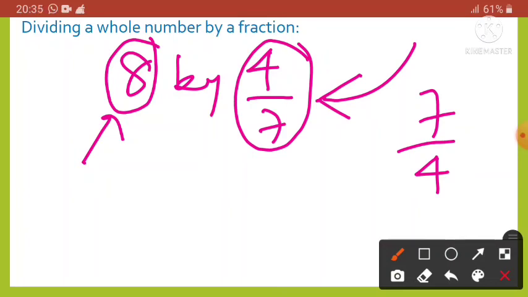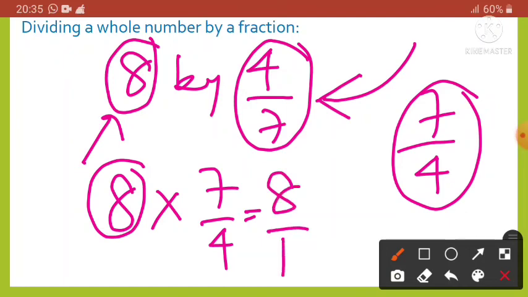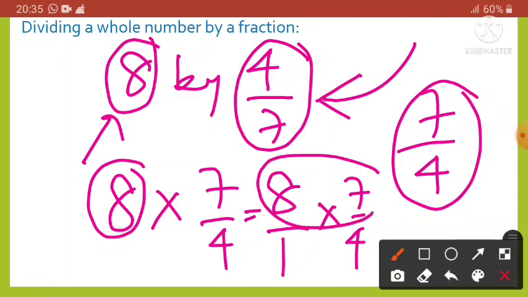Now we have to simply multiply the whole number, here it is 8, with this reciprocal 7 by 4. We know 8 means 8 by 1, we have to convert it into a fraction. Then we multiply 8 by 1 with 7 by 4. It will be 7 into 8, which is 56, and below is 1 into 4, that is 4.